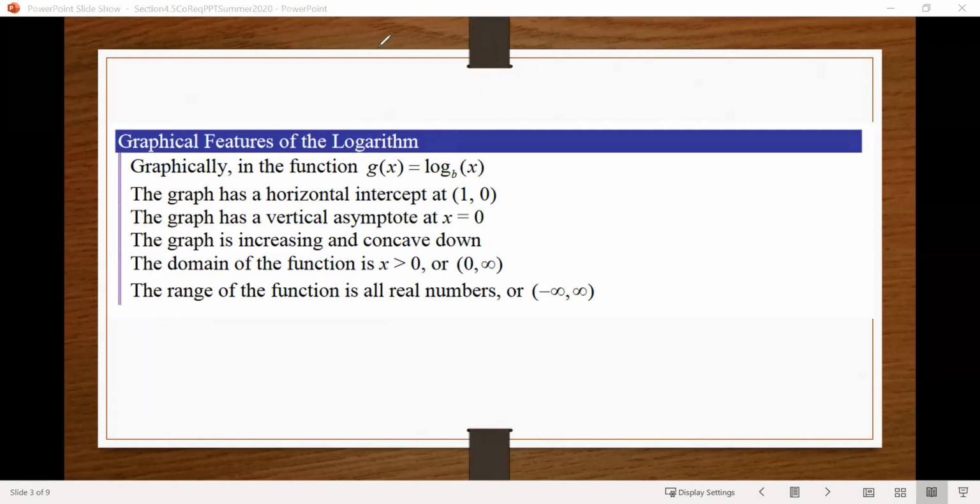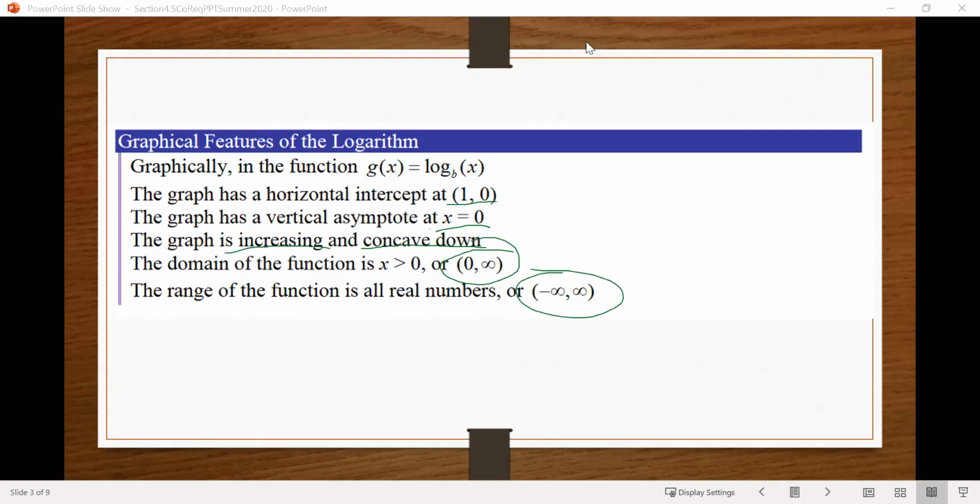First of all, there's a horizontal intercept at (1, 0), and a vertical asymptote at x equals 0, whatever the input variable is. We saw that the graph was increasing. I also didn't mention it's concave down. The domain is 0 to infinity, and the range is negative infinity to positive infinity.